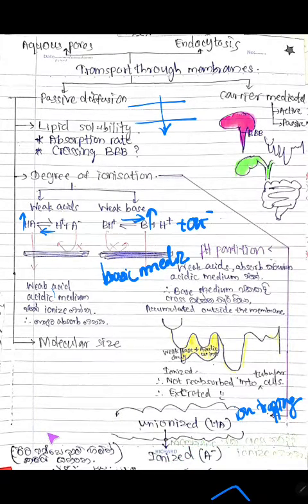For example, aspirin is a good example for this, because once aspirin is taken into the cell, it does not go into the bloodstream very quickly because it is now ionized.